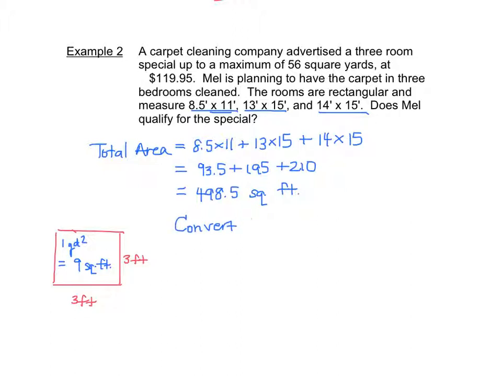So we're going to convert to square yards, and we're going to do that by dividing by 9. 498.5 divided by 9 is approximately 55.4.